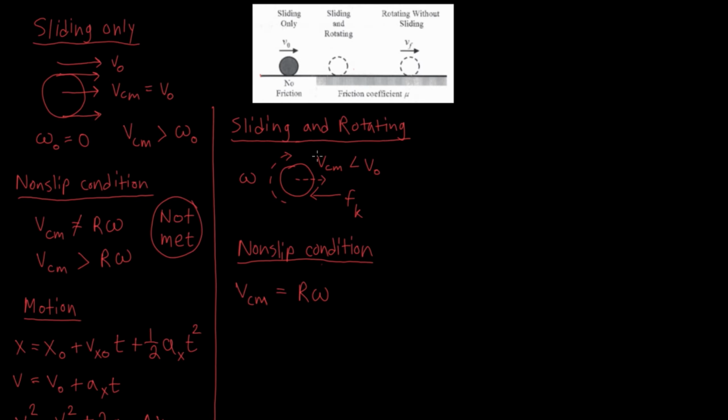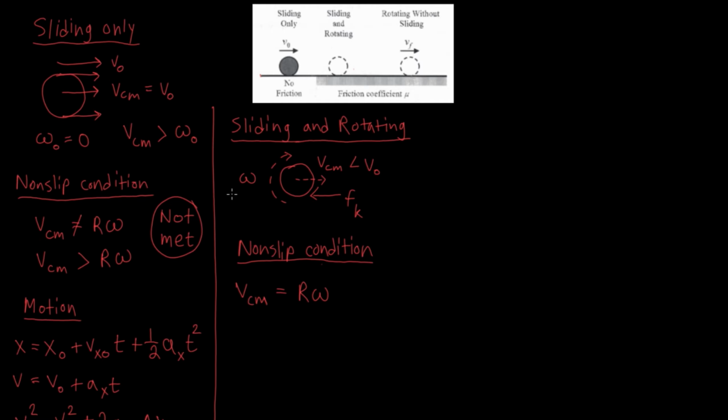So the force of kinetic friction is going to oppose the velocity of the center of mass, and it's going to try to increase the angular velocity by applying a torque. And it's going to continue to do that until the non-slip condition, or this condition right here, is satisfied.